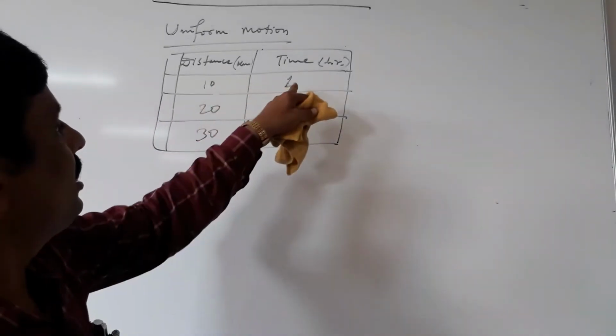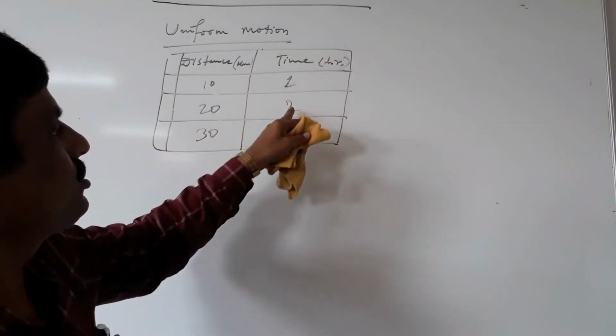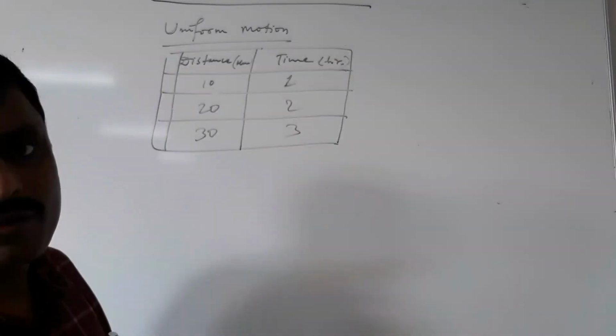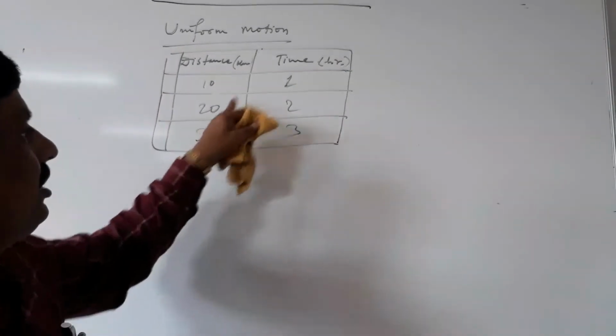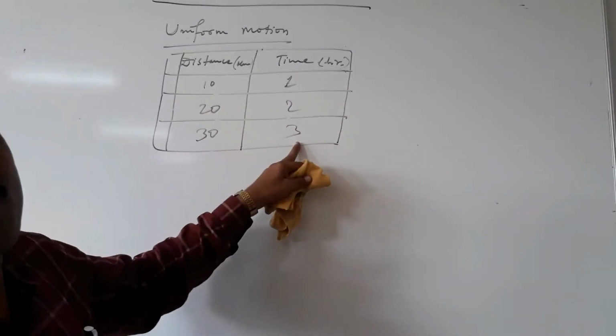Equal distance in equal interval of time, 10, 20, 30, then 1, 2, 3. As 10 to 20, it means 2, 20 to 30 in third hour.